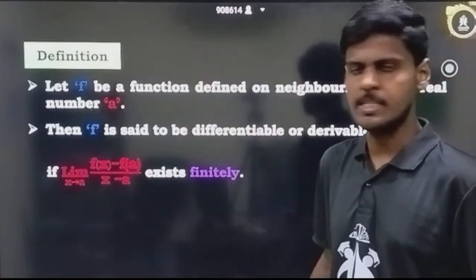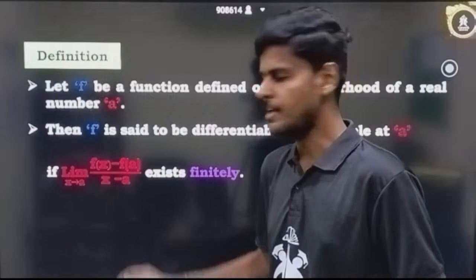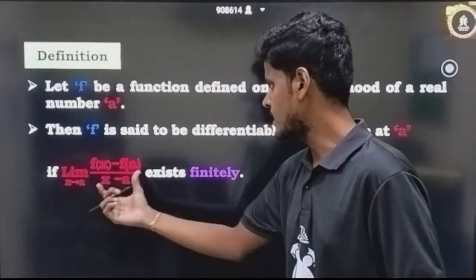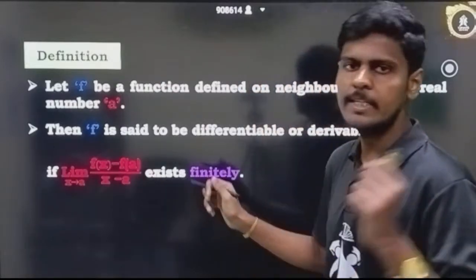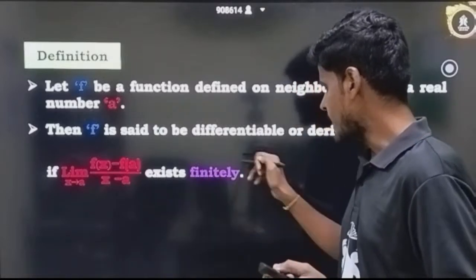What is the keyword, students, in this? Limit x tends to a, f of x minus f of a divided by x minus a. It is vague, so I will explain geometrically what it means. Another keyword here is that this limit exists, and another is finitely.